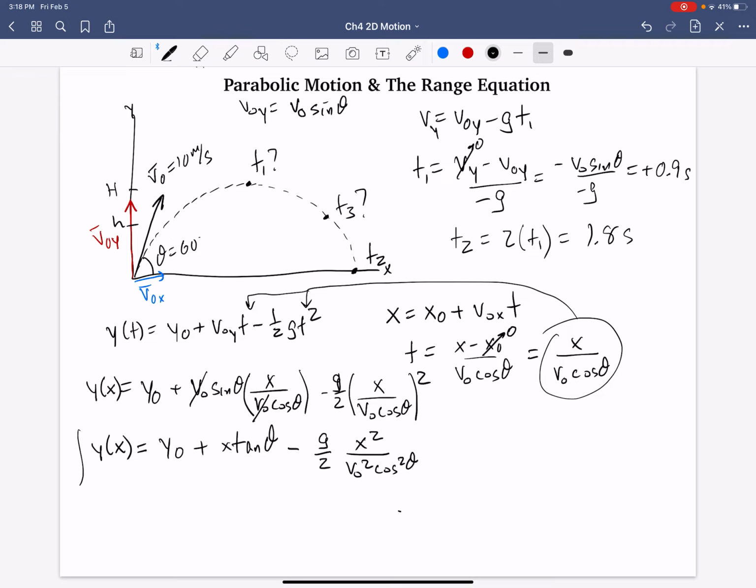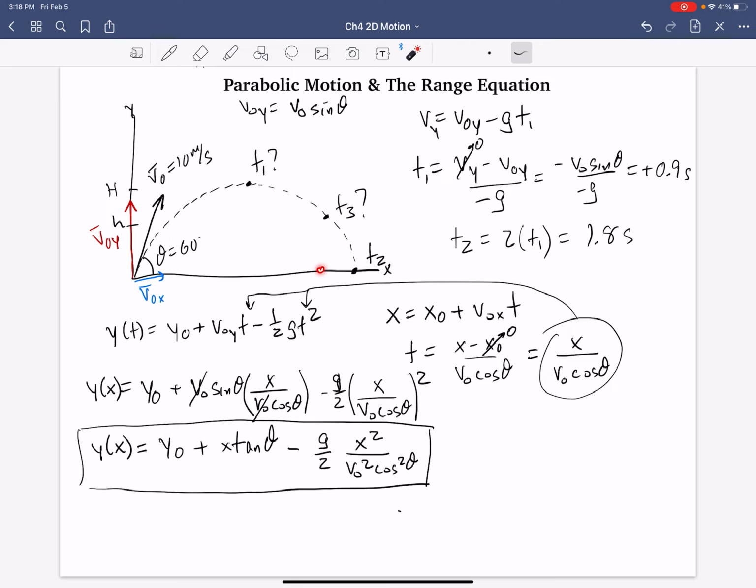Okay, this is not the range equation, but this is simply an equation for the vertical height in terms of the horizontal distance, just in case you don't have a time. And if you did know, say, the horizontal distance, you could find the final vertical height. To find time t3, we would need to solve or know a horizontal distance.